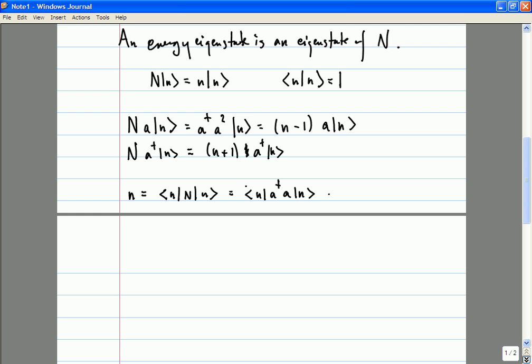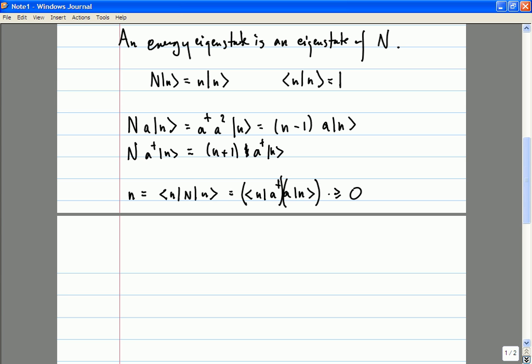And I can make this a little more suggestive by putting some parentheses here. So we see that this is in fact the norm of the state A acting on n, and hence it must be greater than or equal to 0. So we know that the eigenvalue of the number operator must be positive or equal to 0.